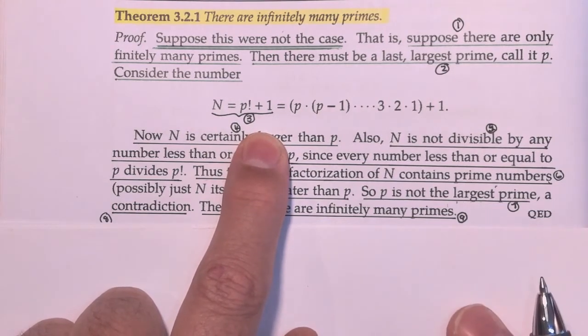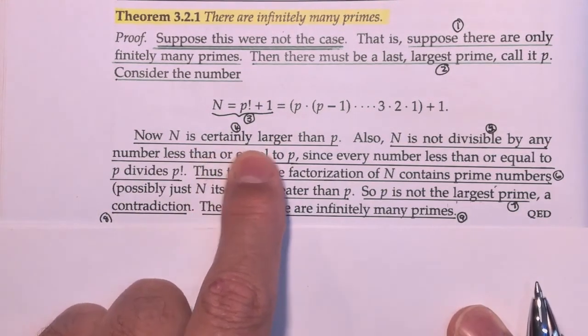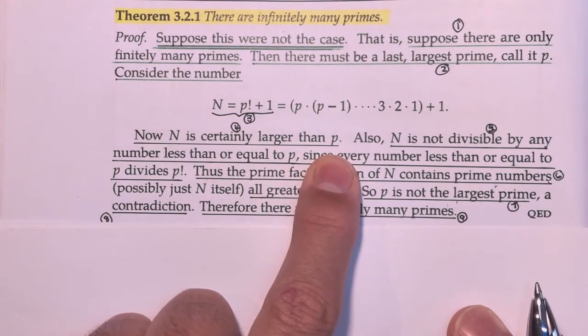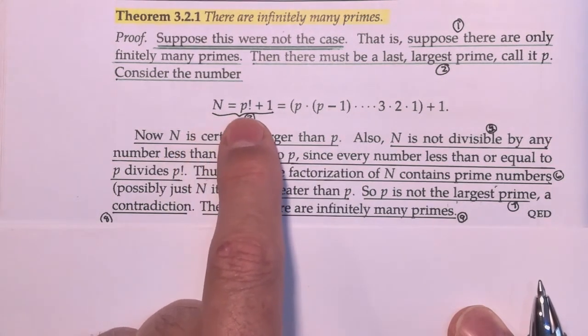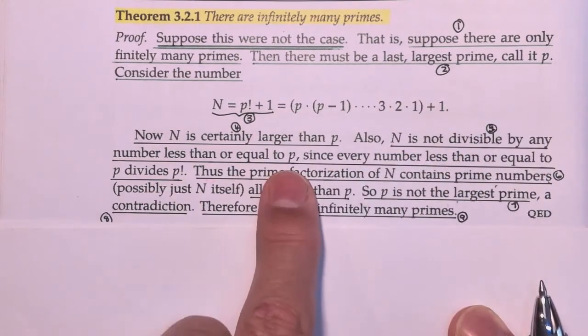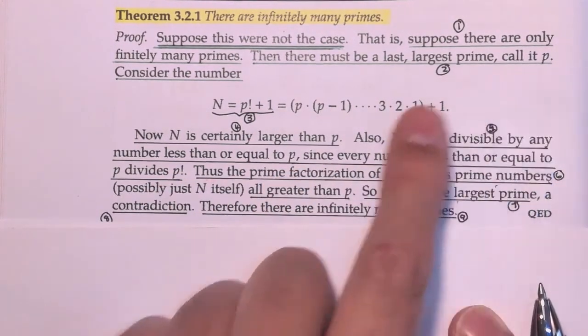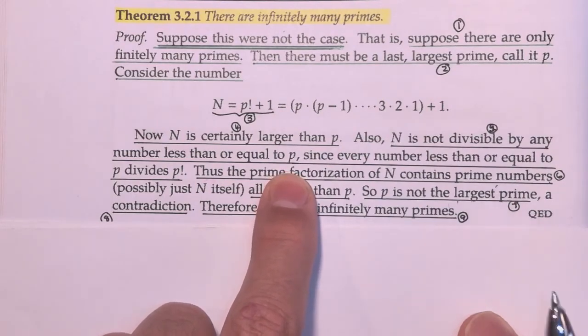Okay, so let's have a look. Now n is certainly larger than p. Okay, by the way it has been defined. Okay, the number n, which is p factorial plus 1, is larger than the largest prime, which we called p, just by looking at its definition.